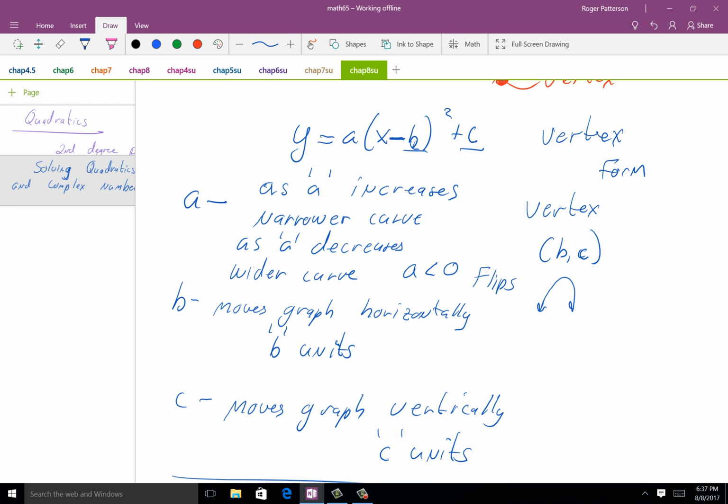But if I have x plus 1, that means that b must be a negative 1 in order for me to get a plus here, because the form has a minus right there. See, that minus messes everything up for us. That's all because of the form.